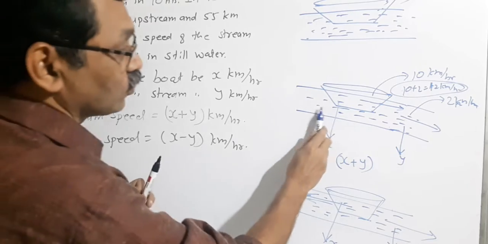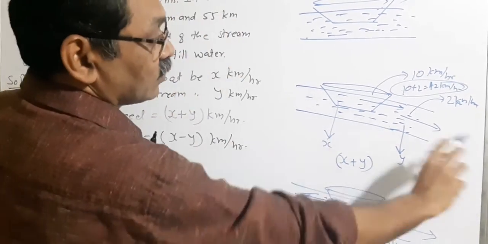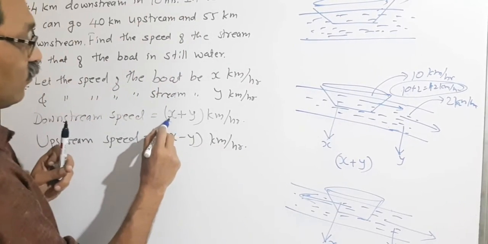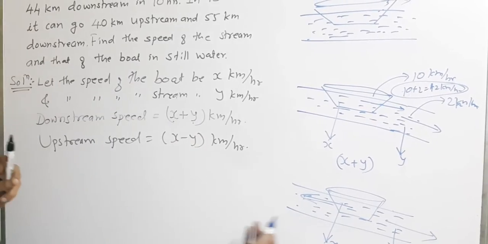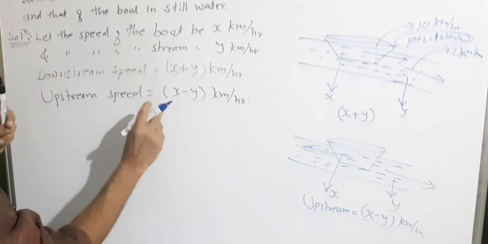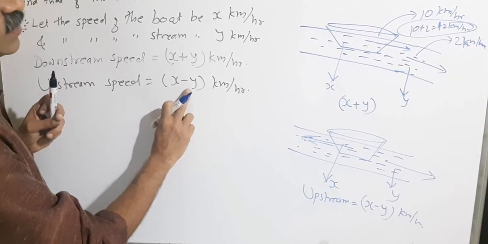When the boat goes downstream, it goes along with the stream, so the speed is speed of boat plus speed of stream. And when it goes opposite to the stream, the speed will be speed of boat minus speed of stream.